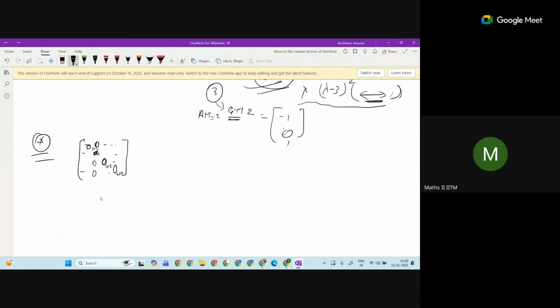Suppose this is the case. So in this case, one eigenvalue is fixed now. From here you can directly deduce that alpha is going to be an eigenvalue, and the corresponding eigenvector is going to be 0 here, 1 at the second place, and the rest all 0. This is the case.